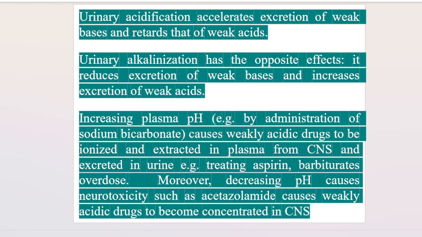So urinary alkalinization has the opposite effect. It reduces the excretion of weak bases and increases that of the weak acids.